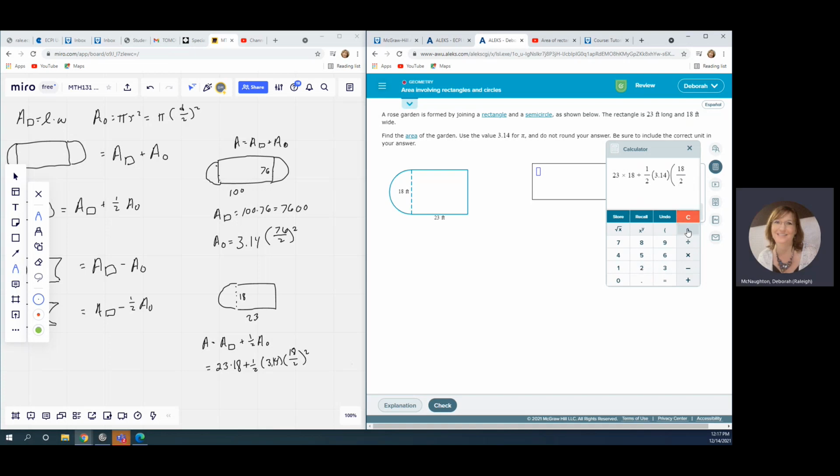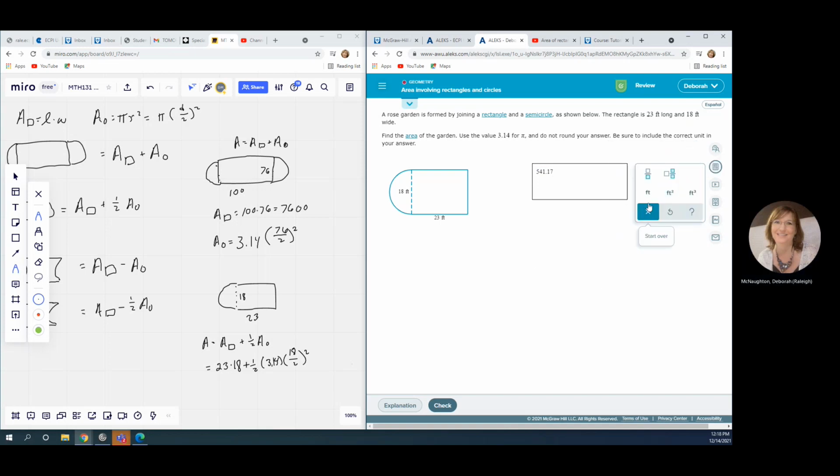Move this out to get the parentheses in the right place. And then that is squared. So if you have a semicircle, you just want to put a 1/2 in front of the semicircle part. Answer is 541.17 feet squared.